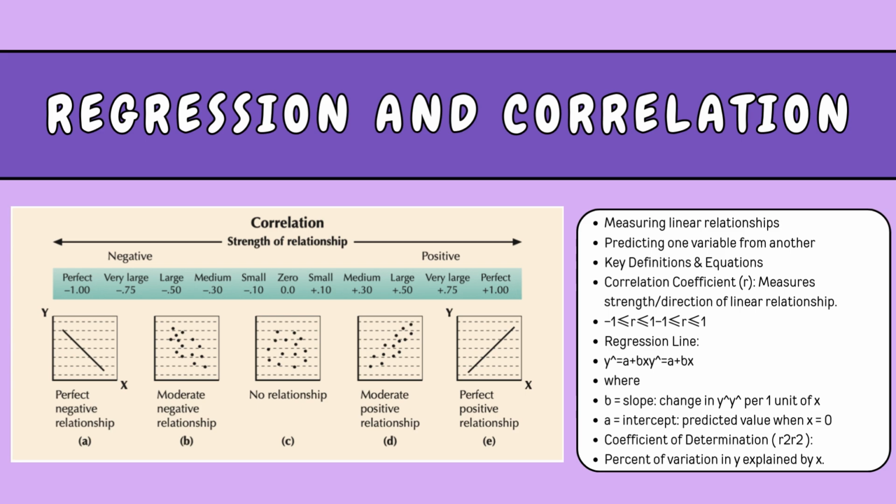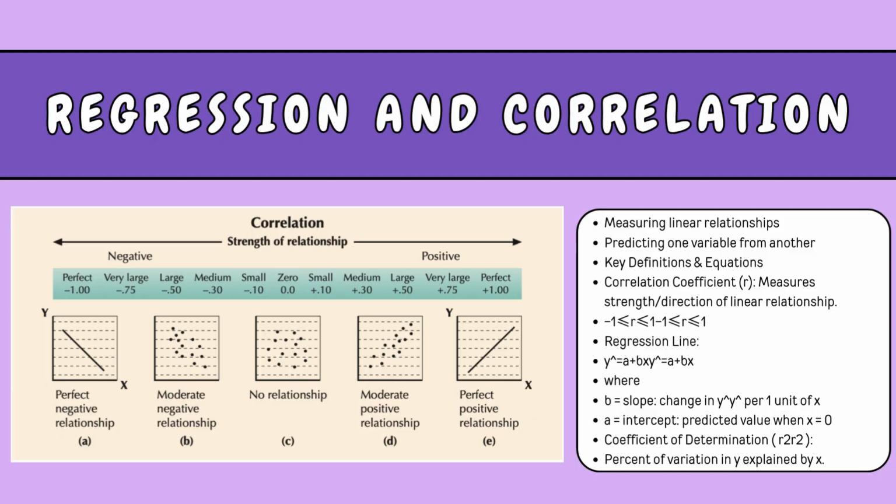In this image, I really like this picture because I think it better explains the correlations and the regression lines, or the lines of best fit. Let me backtrack. The strength of the correlation, or the correlation coefficient, will always be between -1 and 1.